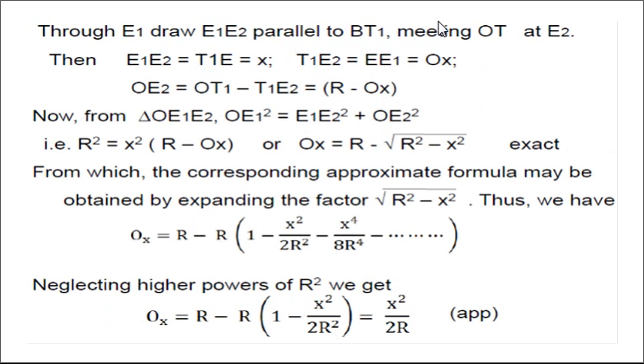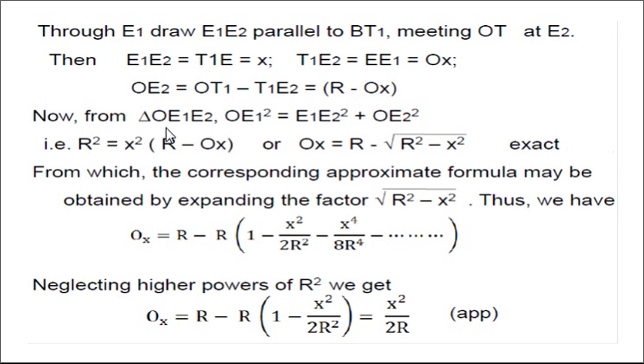Then we have E1E2 is equal to T1E, which is equal to x, or T1E2 is equal to ET1, which is equal to OX. From this we can write OT2 is equal to OT1 minus T1E2, and substituting the values of OT1 and T1E2, we get R minus OX. All these are simple trigonometry.